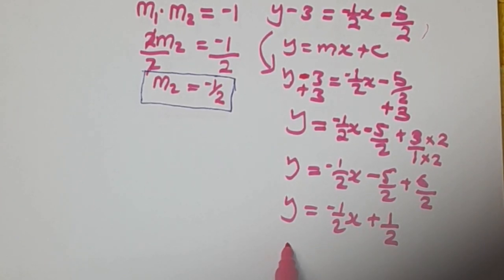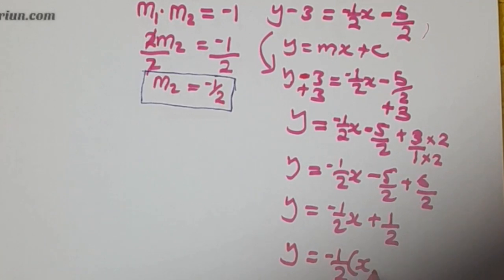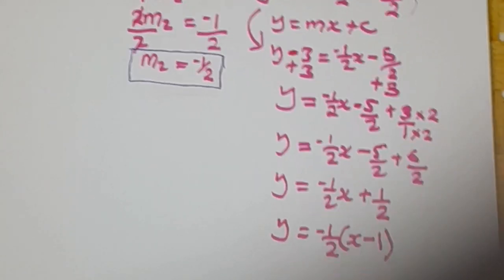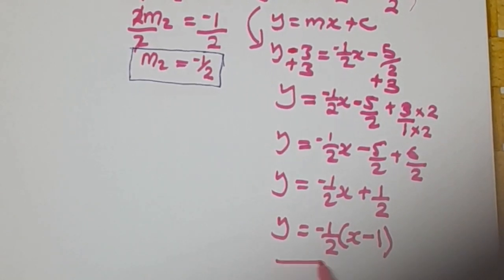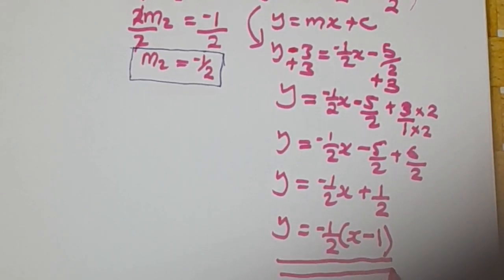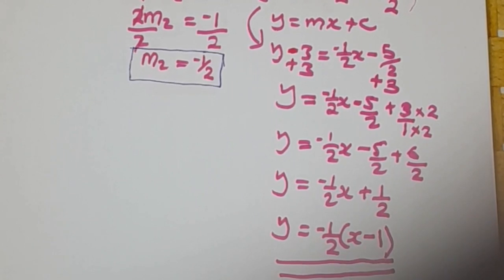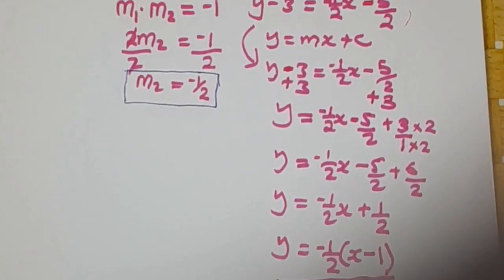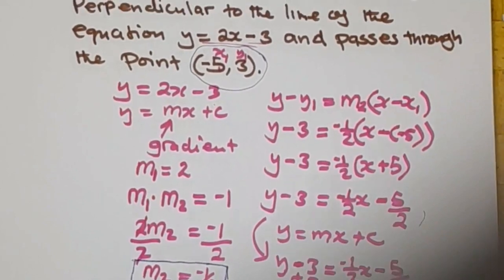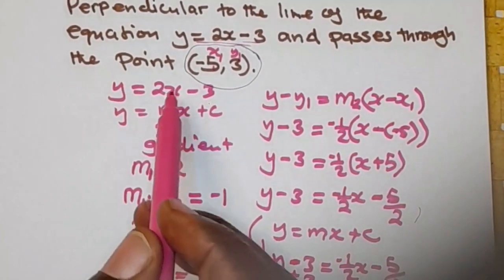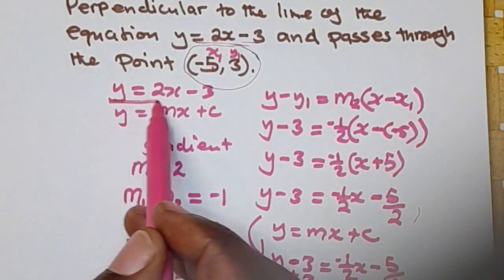So you're going to have y is equal to negative half, then x minus, when you remove the half, you have 1 there. So this is the equation of the line that is perpendicular to this given line here.